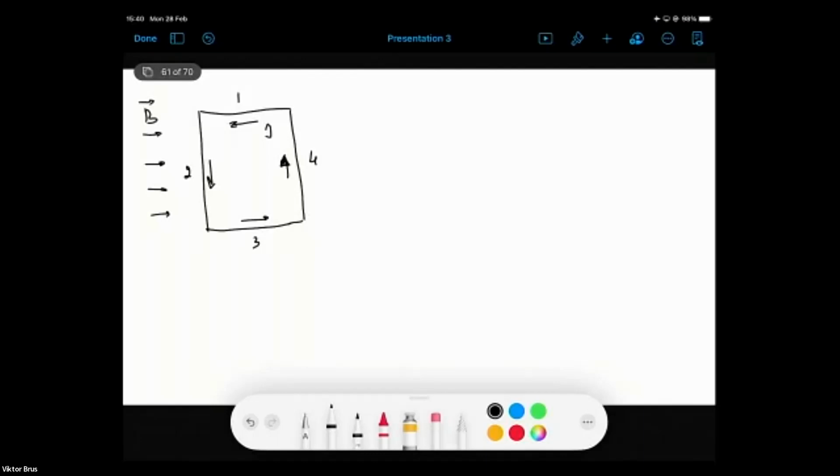So we can eliminate segments 1 and 3, since the electric current in these segments is parallel to the magnetic field. So there will be no force exerted on segments 1 and 3. There will be some force exerted on segments 2 and 4, because the electric current in these segments is oriented perpendicular to the magnetic field vector.